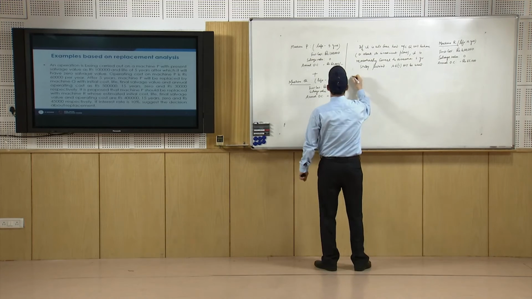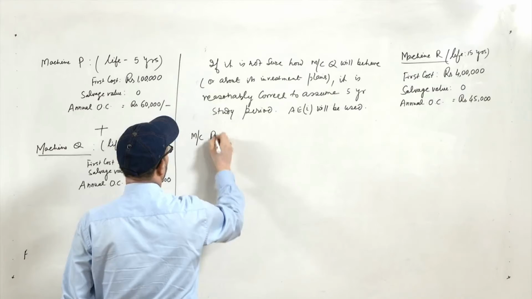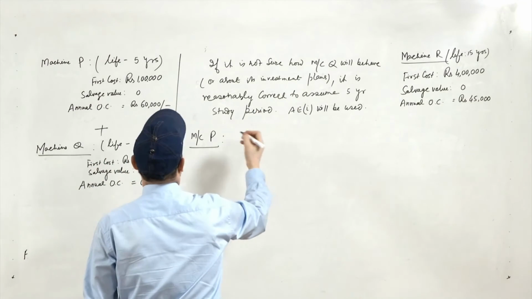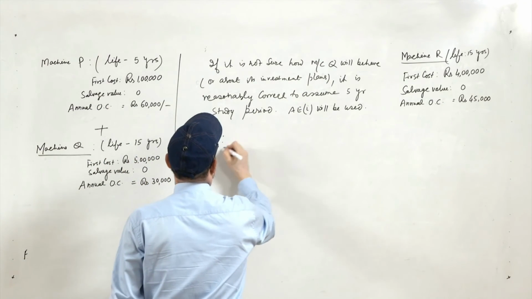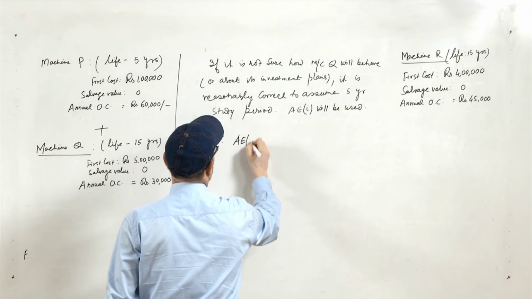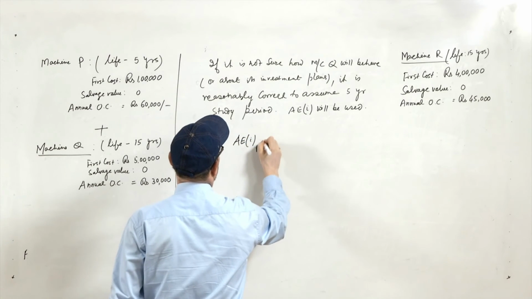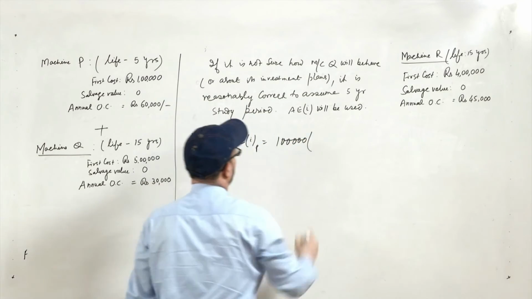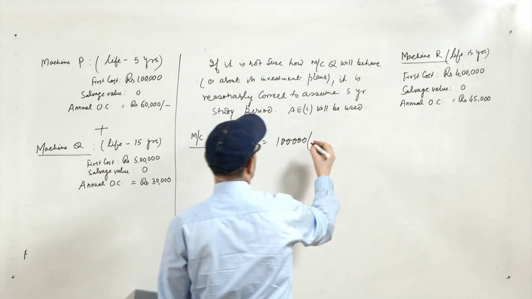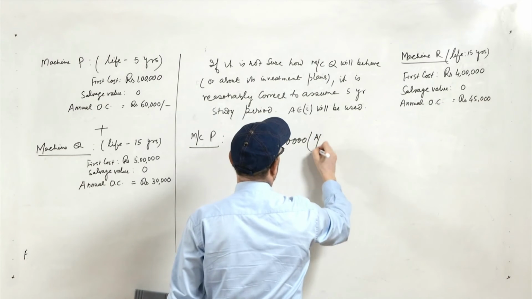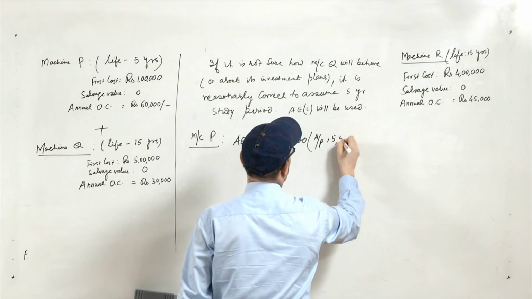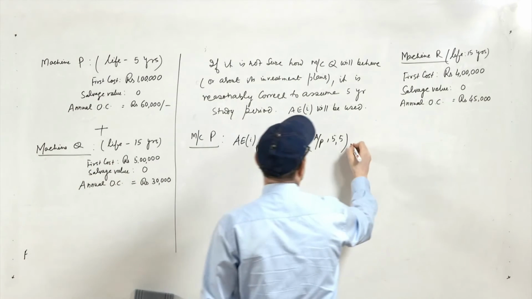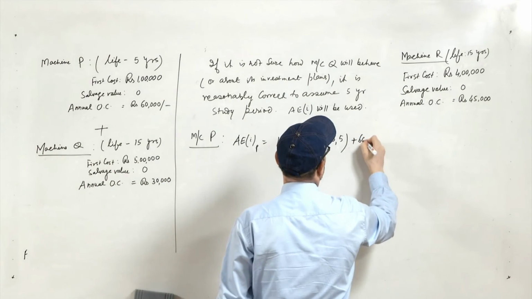So, for machine P, if we take the annual equivalent basis, you will find one lakh multiplied by A by P 55 plus 60,000.